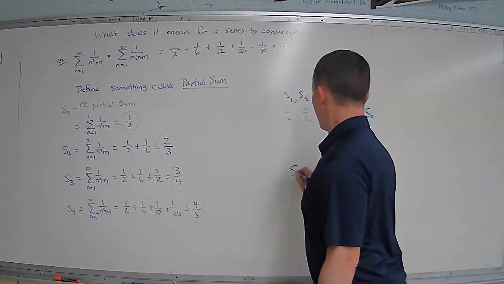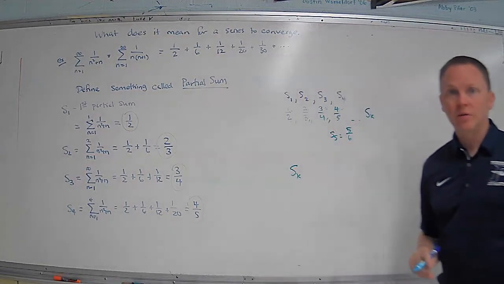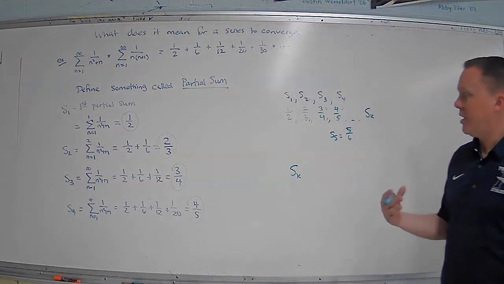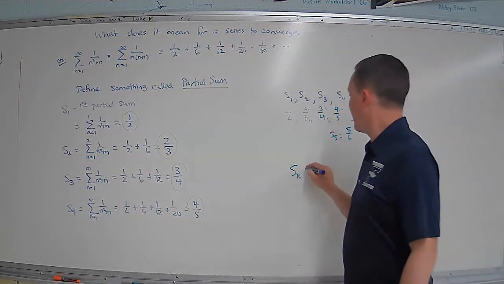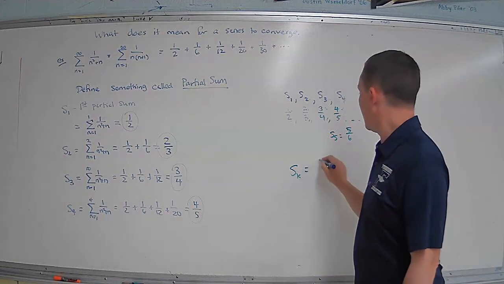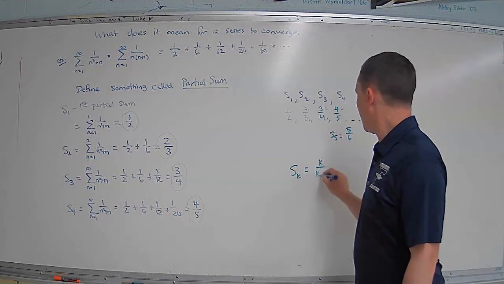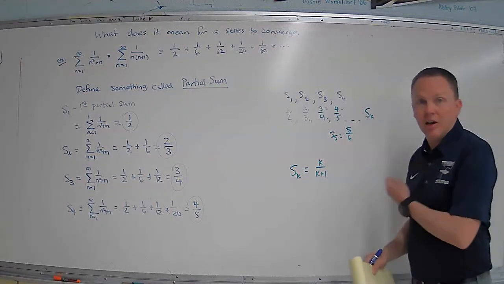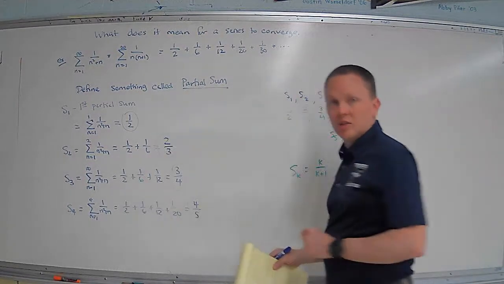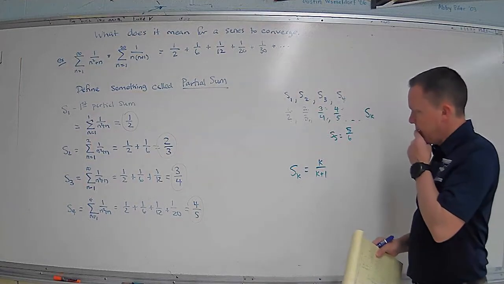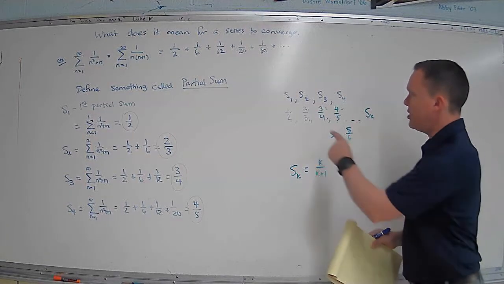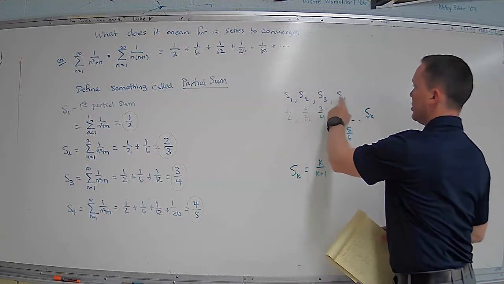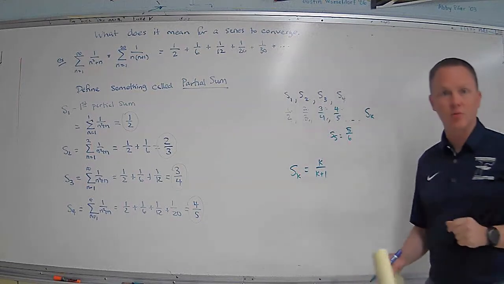So what's the kth partial sum? As I add up more terms, that sum seems to be approaching k over k plus 1. I'm using k here and not n because I've already used n somewhere else.